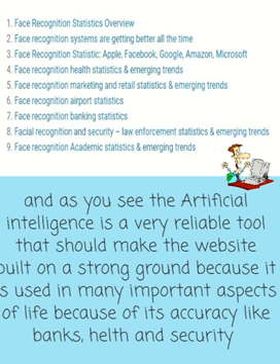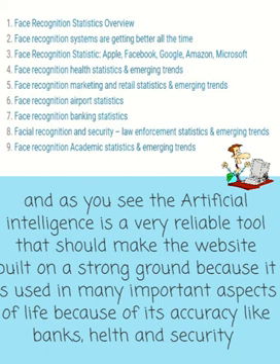And as you see, artificial intelligence is a very reliable tool that should make the website built on stronger ground because it is used in many important aspects of life because of its accuracy, like banks, health, and skills. One field of AI is face recognition.